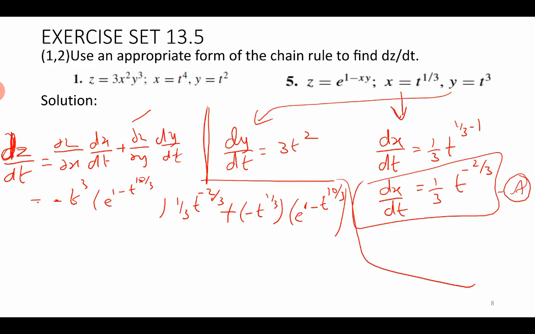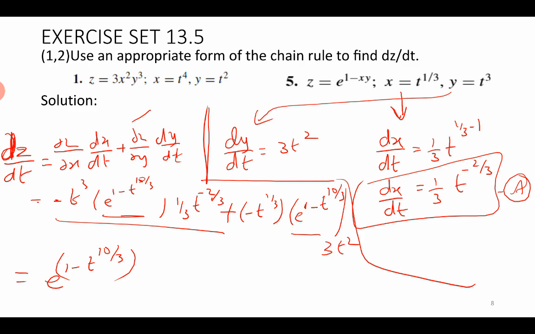Dy by dt is 3t square. We have to simplify all these things. The first term will be, let's find the constant. What are the common terms? e raised to 1 minus t to the power 10 over 3 is the common term, isn't it?